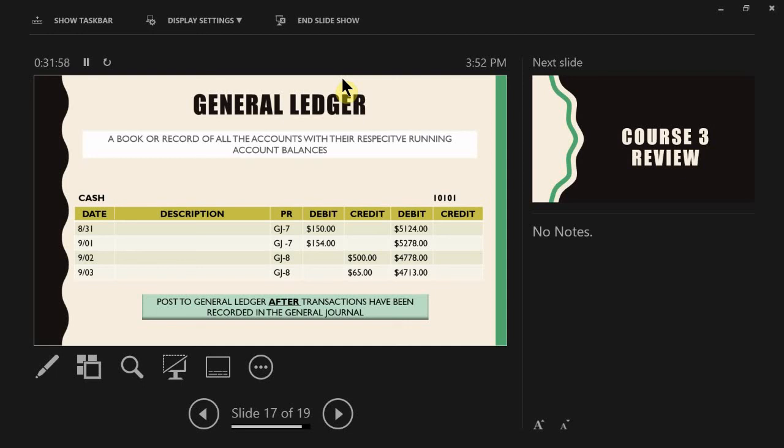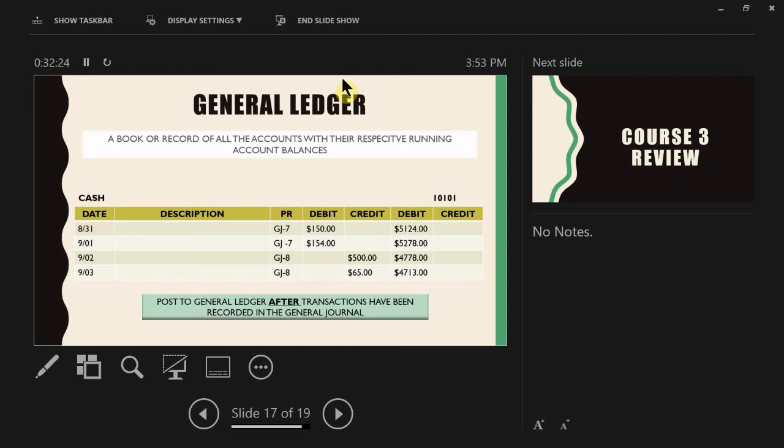No matter what you're doing, when you do a transaction, you're updating each account and you're going to know how much your account balance is at the end of each date. So after the end of each transaction, you're going to know how much you have. For example, using the journal from before, I recognize that in my bank, I currently have 5,124.